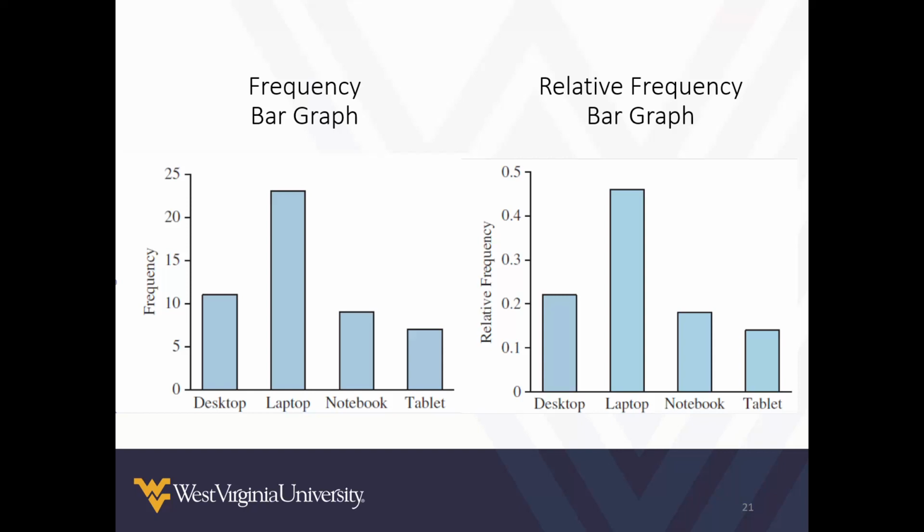The graphs look virtually identical. The only difference is on the y-axis where we have frequency and relative frequency. This should be the case where they look pretty much the same except for what's going on the y-axis. So be sure that you pay attention to what's going on your y-axis so you can make sure that you're interpreting your bar graphs correctly.